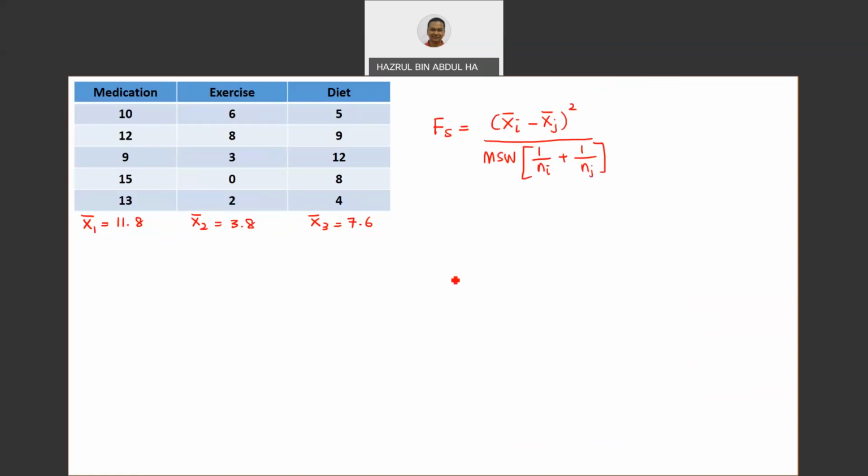Now for the first group and the second group, this is our first comparison, between medication and exercise.